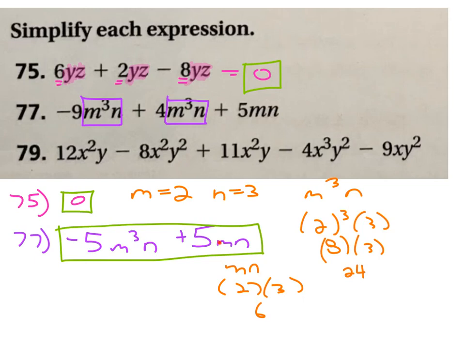But since the m is not cubed, this is really only with those values worth 6, and so you can't say -5 groups of 24 plus 5 groups of 6 somehow cancels out, because these are different amounts that you're multiplying by 5 or -5, okay? So you can't just simply say -5 plus 5 because it's not just a -5 as a constant. It's a coefficient of this number, and this number has a different value than this number has. So we can't say -5 of these is canceled out by +5 of those, not the same value.